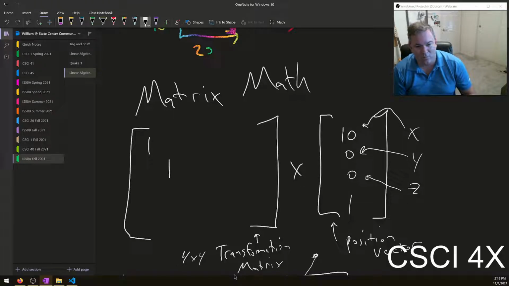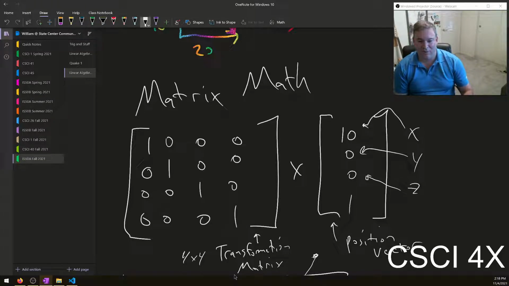So 1, 0, 0, 0, 0, 1, 0, 0, 0, 0, 1, 0, 0, 0, 0, 1. This is a transformation matrix that does absolutely nothing. This is called the identity matrix. It's like multiplying by 1 or adding 0. If you do the matrix times vector operation, which I'll show you how it works in a second, you will end up with 10, 0, 0, 1 again.